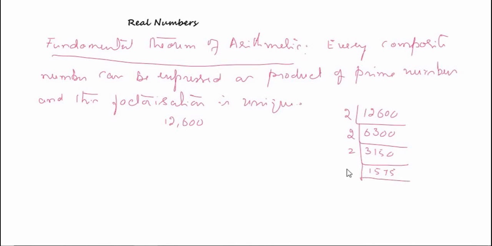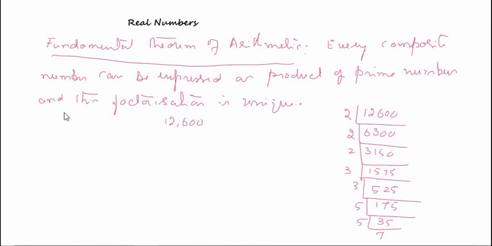Now divide by 3, this is 525, again by 3, so this is 175. Now this one will go with 5, so 35, again with 5.